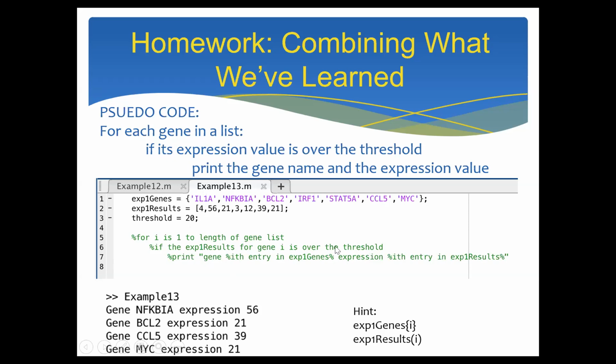So what you will need to use is a for loop, which we have just told, and the if statement, and then the fprintf. Fprintf, you can refer to the previous examples of how we use that.